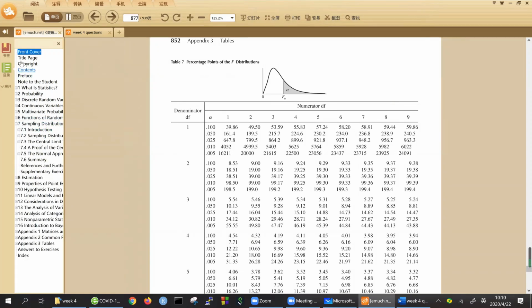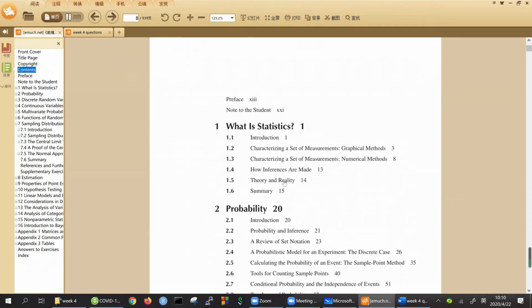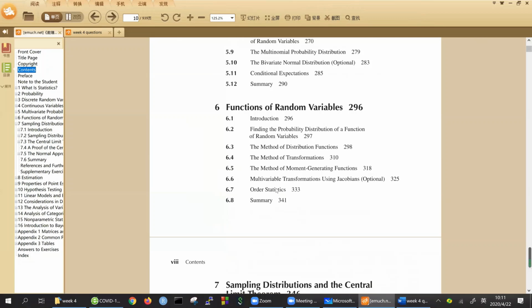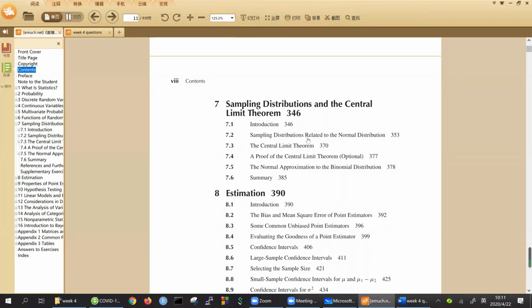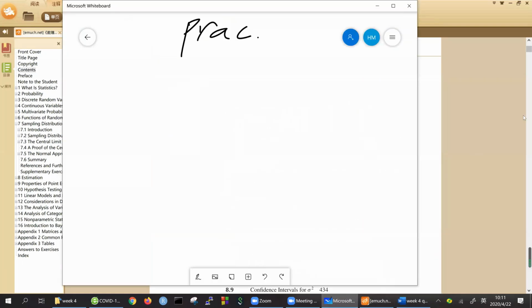Okay, I think it would be better if I go to here first. So let's look at the index. We are now in the chapter of sampling distributions, and the first question is, what is a sampling distribution?